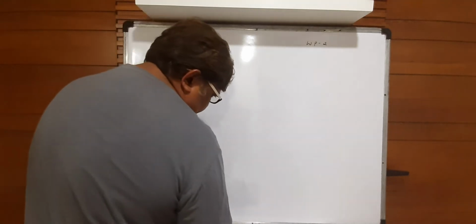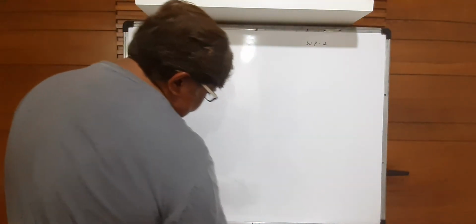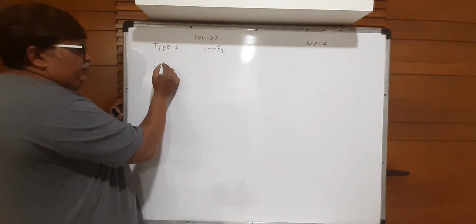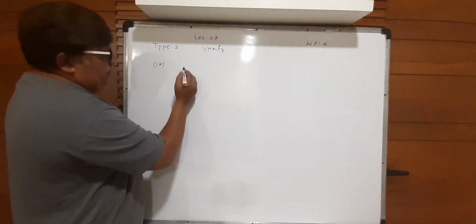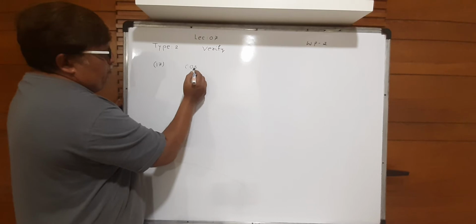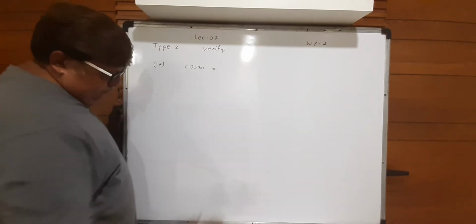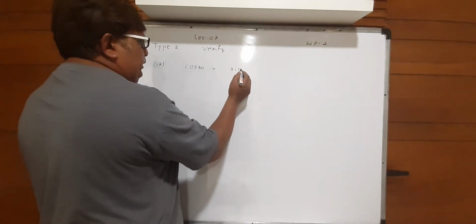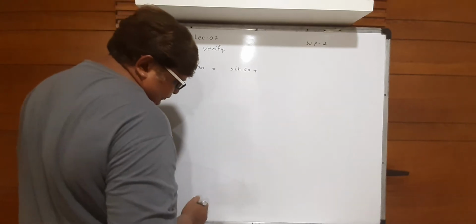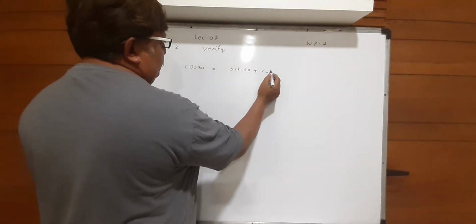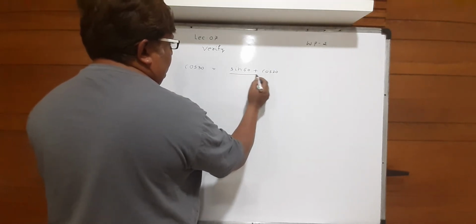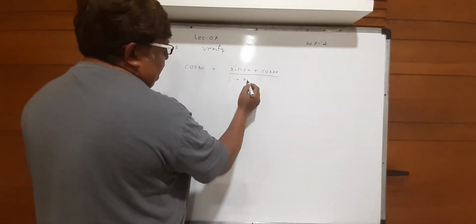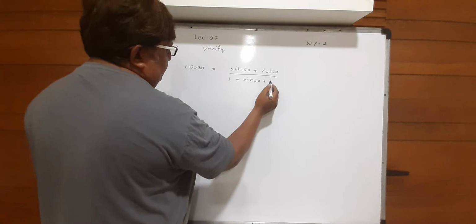See from your work paper 2, we are now targeting example number 17. First I am writing it here. Prove that cos 30 equals, what is given there, sin 60 plus cos 30 upon 1 plus sin 30 plus cos 60.